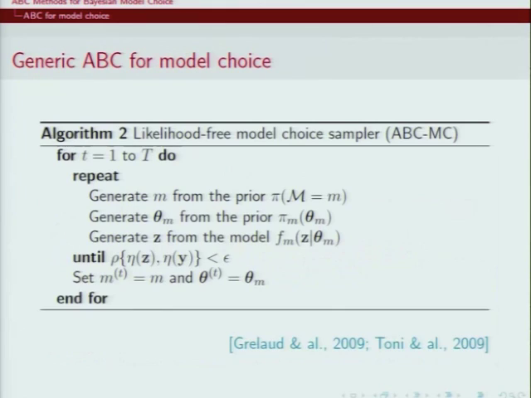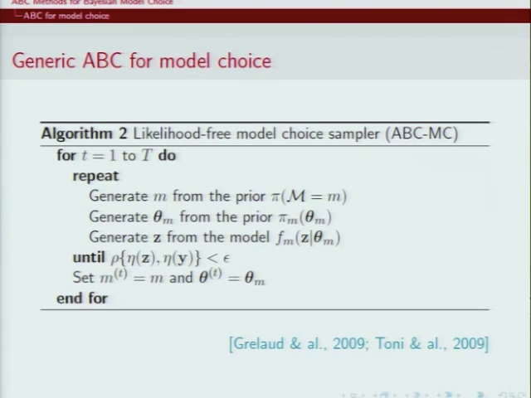The ABC approximation can produce such an evaluation by running simulations from the prior, which means that we have two steps: we simulate from the prior for the model index, and given the model index, we simulate a parameter value from the conditional prior. So we have a pair m and theta m, and given m and theta m, we generate pseudodata, and once again, we wait for the pseudodata to be close enough to the true data.